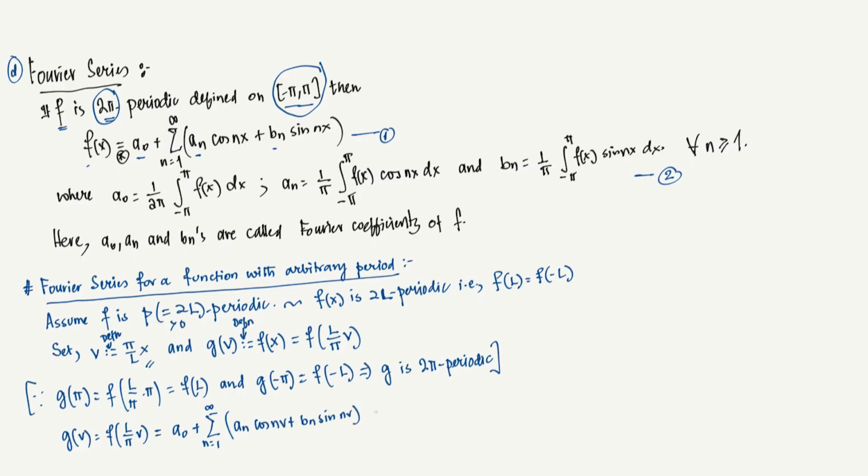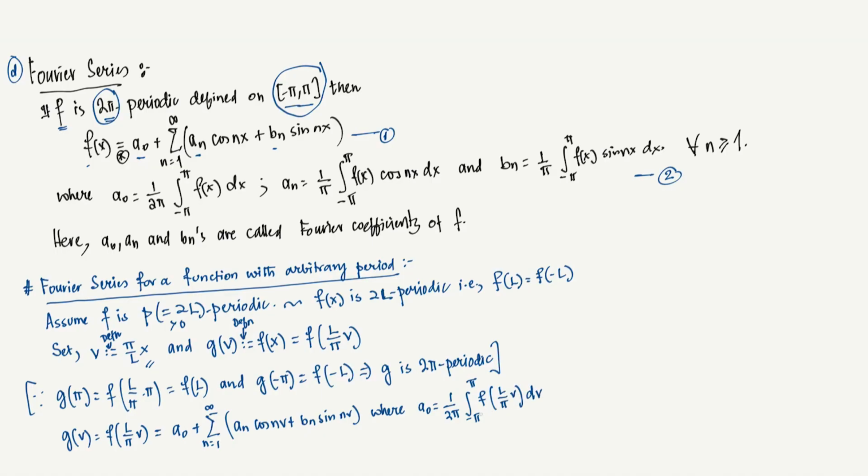And of course, here a naught is 1 by 2 pi, the integral from minus pi to pi of f of, let me write it this way, otherwise you may get confused. This is the notation which we are going to use.